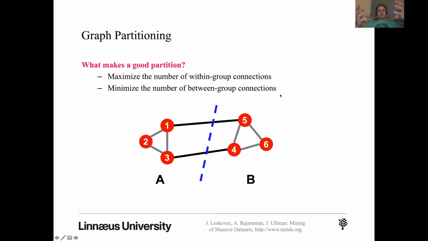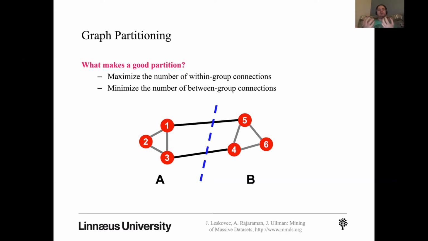Basically, if you've studied software engineering at some point, you probably came across this concept of cohesion inside a community, right? Or let's say inside a package or something like that. Cohesion basically means that components that are inside the same group should be strongly connected. Or else why would they be in the same group, right?